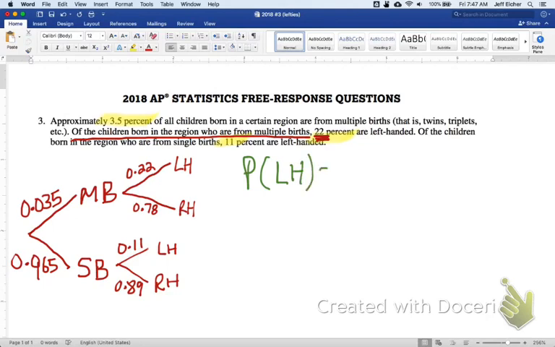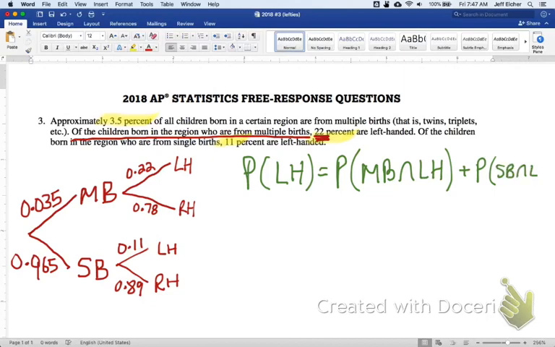Not that it's required at all on the AP exam. Probability left-handed, well, that would be the branch that is the probability they're multiple birth and left-handed, or the probability they're single birth and left-handed.